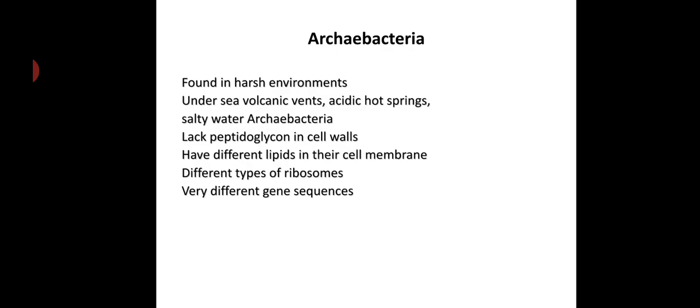Coming to another group called Archaebacteria. Archaebacteria are again a group of bacteria. They are found in harsh environments, in undersea volcanic vents and acid hot springs, or they are also found in salty water, hence they are called saltwater Archaebacteria.